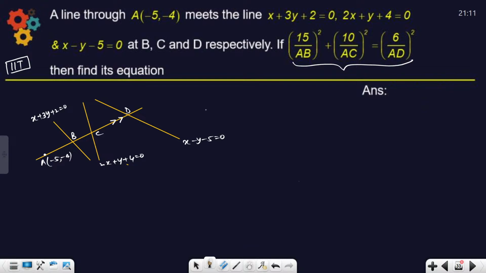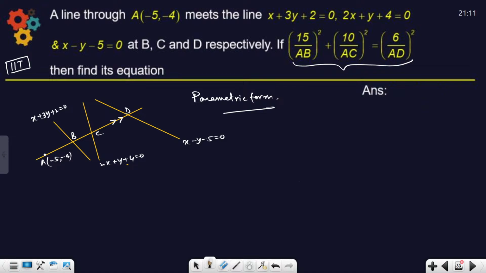Here also, since distance is involved and the line is passing through a fixed point, please use the parametric form. Okay? Try to solve this problem.